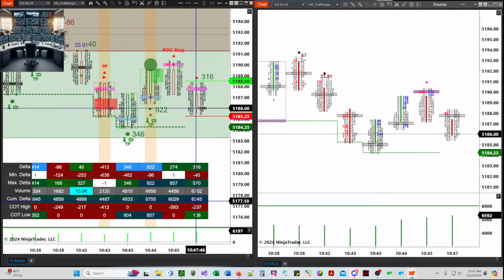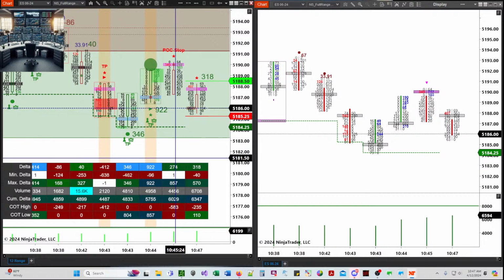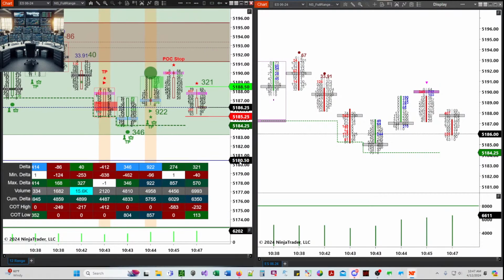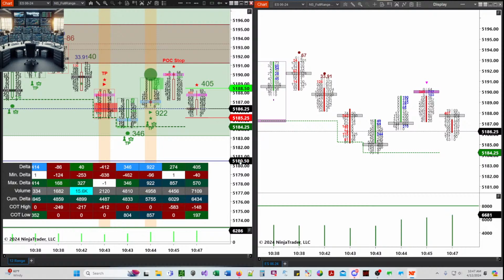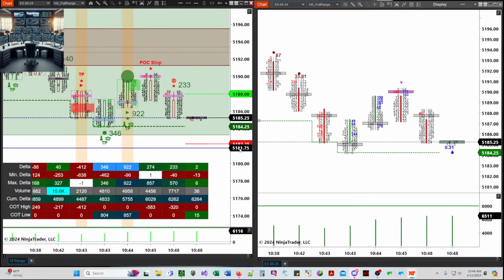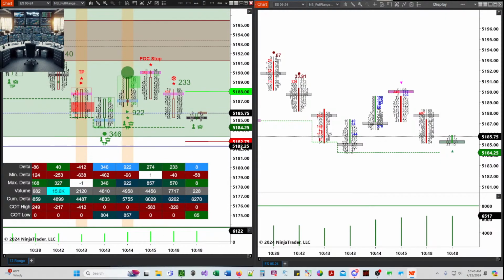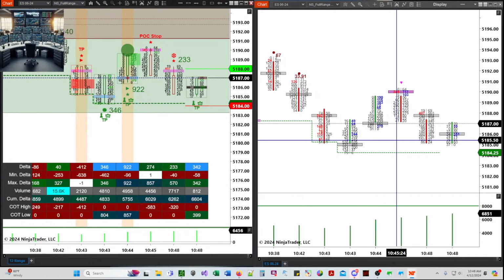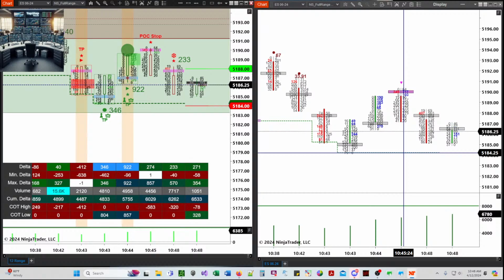Cum Delta's up 63.49. Last bar 60.29. Got a delta 274 and then you got a plus 279. I'm not quite feeling the short trade right now. I'm just gonna watch. Session low of the day is 84.25.